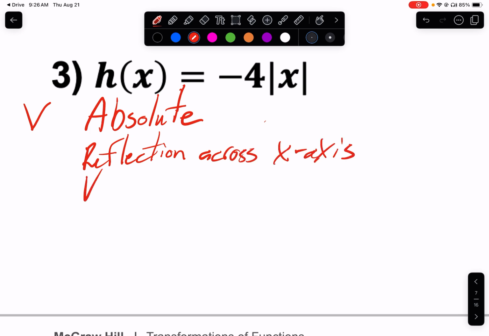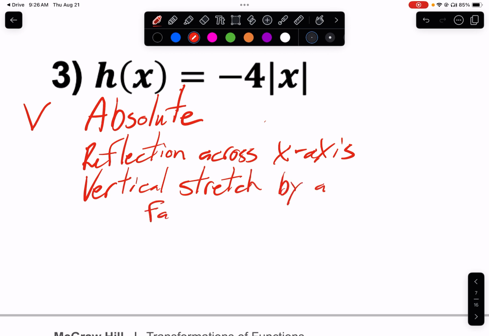Okay, and then we also have vertical stretch by a factor of 4. So all we're really doing here is we're taking our y values and multiplying them by a -4. Negative flips it, makes it reflect, and then the factor of 4 stretches it.